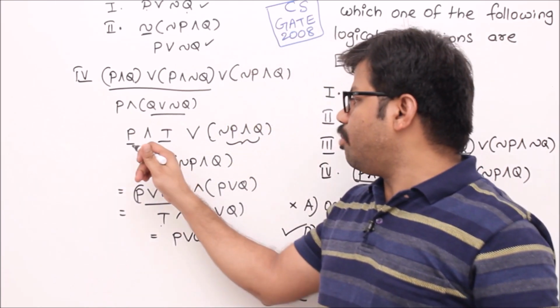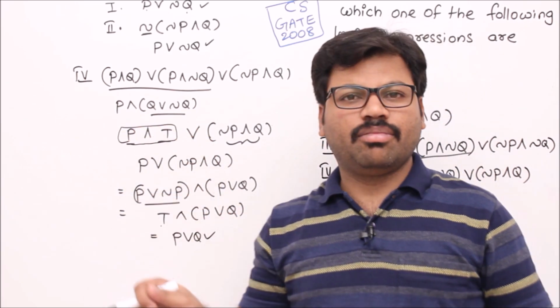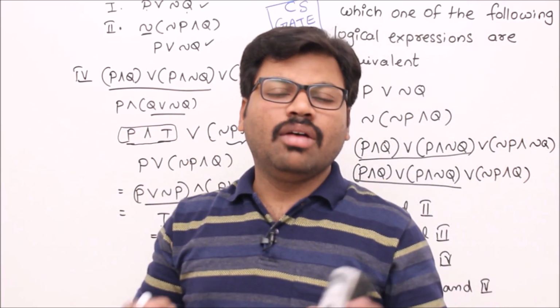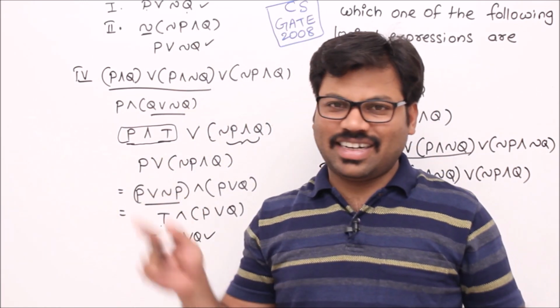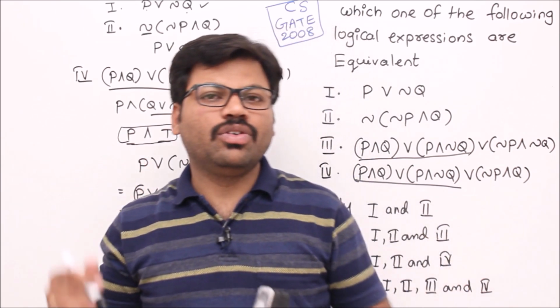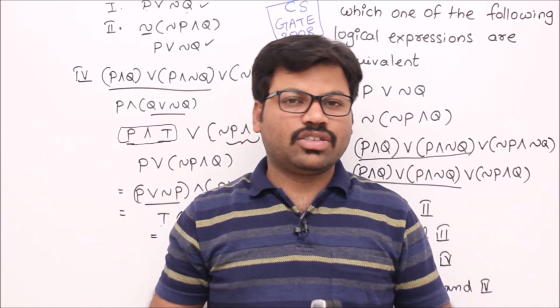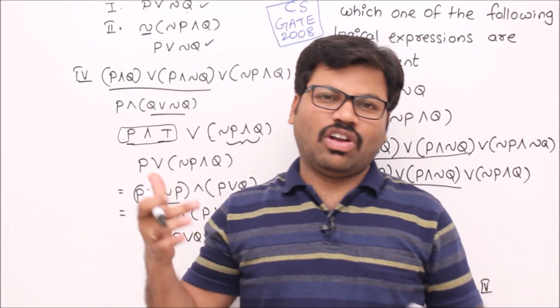For example, if I say p and true, I know that it is p because there is a rule called p and true is equivalent to p. If you don't know that, you can't understand this solution. That's why before watching this video, there is a video of equivalence rules. Please go through it first. After that, come back to this and solve it.